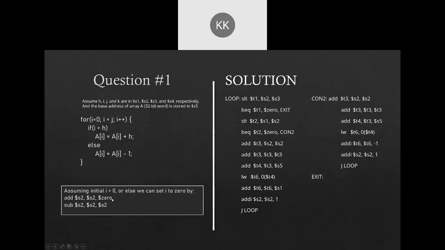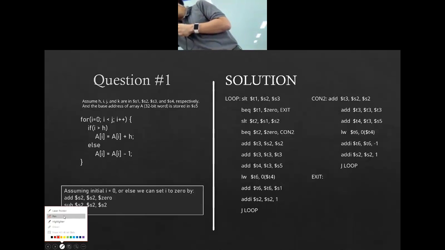Okay, excellent. And what else? How about you ask your friends, what else can we do to initialize the value of I? Your friends suggested that we can have something like what we presented.